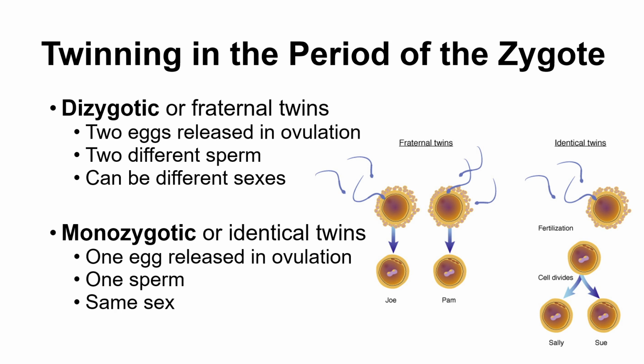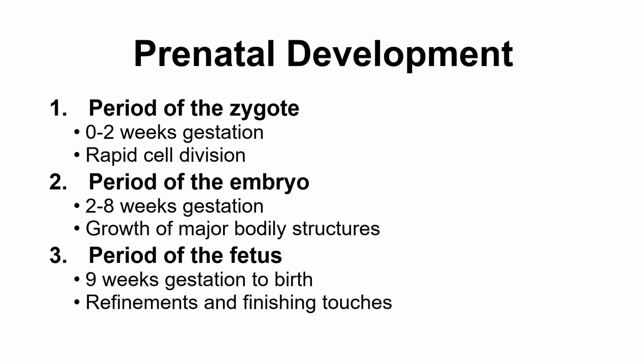Especially where twins, whether they're identical or fraternal, tend to be raised together in a very similar fashion, so they have almost the same environment. That way, any differences between the two kinds of twins should theoretically be due to their differences in amount of genetic relatedness. So that is the period of the zygote.